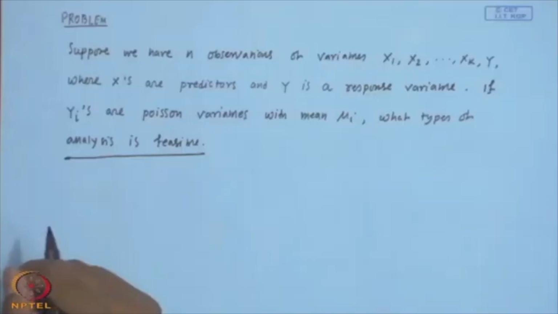So, that was the objective of generalized linear model, and here you can see that this response variable y follows Poisson distribution. So, Poisson distribution is a member of the exponential family. So, we will see how to solve this problem.